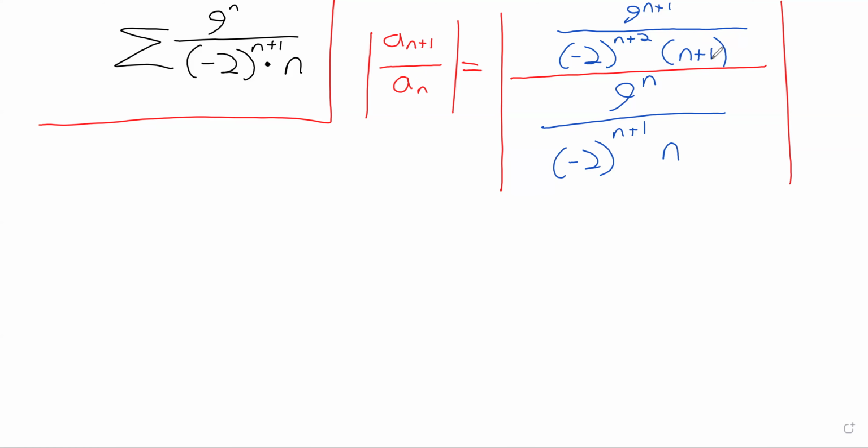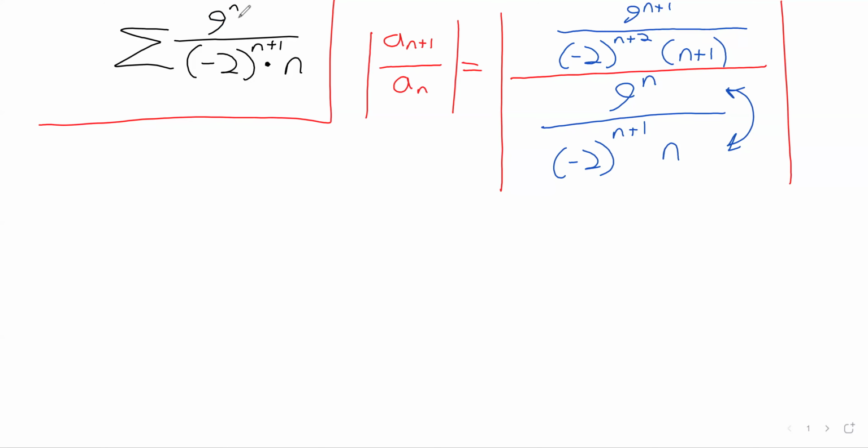And now this is so messy, we probably want to just go to a new frame. We're dividing by a fraction, so we're going to flip that and then multiply it. Eventually, we're going to take a limit, but it's no use worrying about the limit right now because this is so messy that we couldn't possibly take the limit as n goes to infinity.